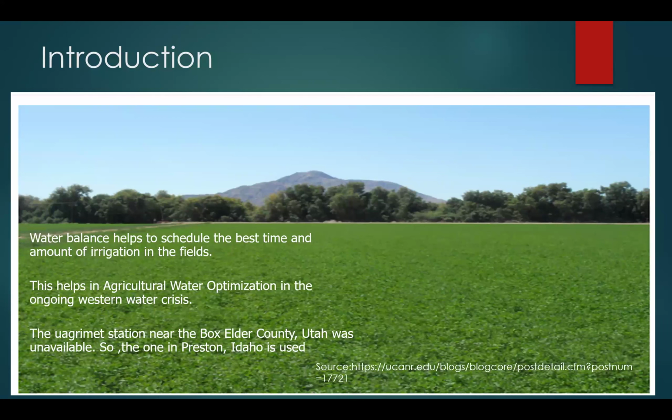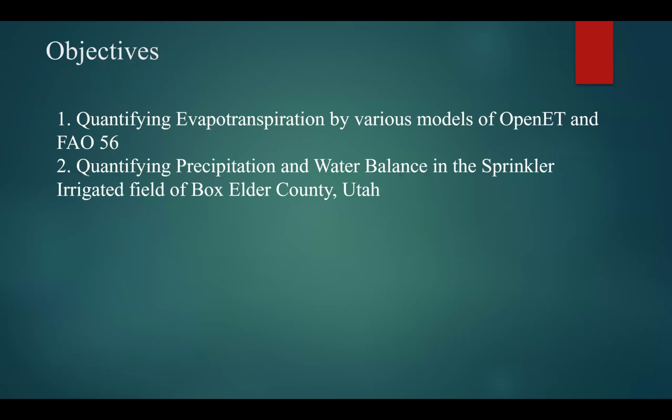what I did was choose the one in Preston, Idaho, for the station, and it's a Utah aggregate station. I did just like we were taught in the class, and I tried to quantify the ET, not just by the simple ET that's mentioned in the class.